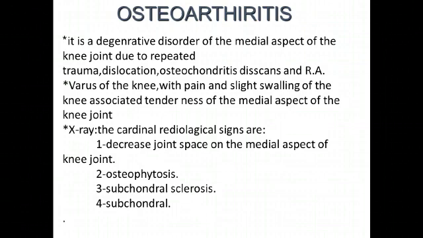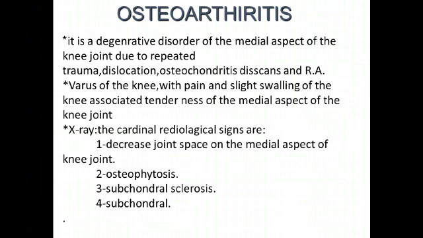Osteoarthritis. It is a degenerative disorder of the medial aspect of the knee joint due to repeated trauma, dislocation, osteochondritis, and rheumatoid arthritis. Varus of the knee with pain and slight swelling of the knee, associated with tenderness of the medial aspect of the knee joint.